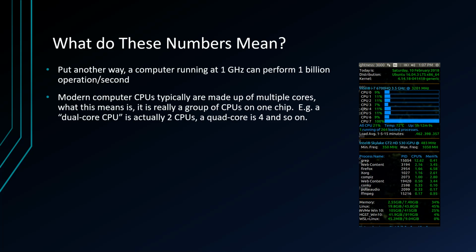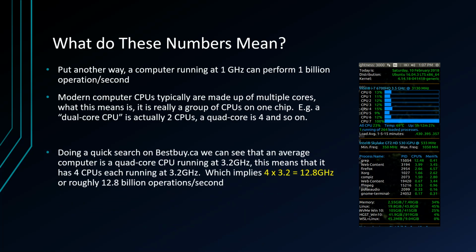So let's do some examples. Sometimes I may ask you to calculate the speed of a computer, and I may tell you something like, it is a quad core that runs at this frequency. How many operations per second can it do? What is its frequency? Frequency would be measured in hertz, or I might ask you for operations per second. So let's do a quick example. Doing a quick search on bestbuy.ca, we can see that an average computer is a quad core CPU running at 3.2 gigahertz.